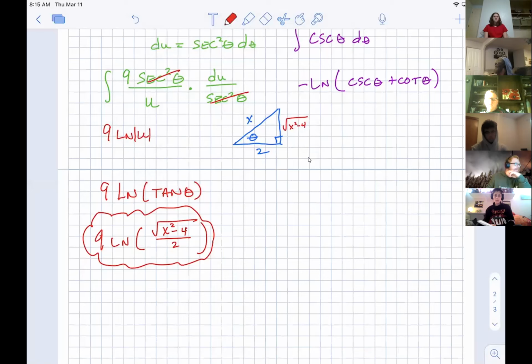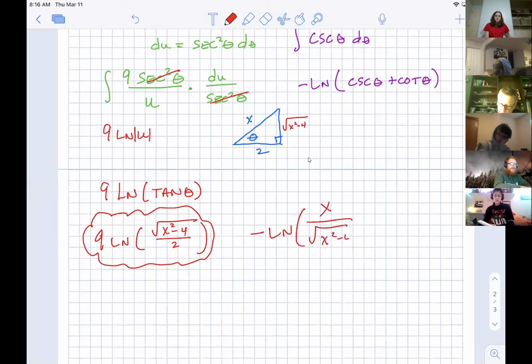I don't know what cosecant is in terms of what two sides, but I know that cosecant is the reciprocal or the flip of sine, and sine is opposite over hypotenuse. So cosecant would be hypotenuse over opposite then. So that's x over square root of x squared minus 4. And cotangent is the opposite of tangent. So instead of being square root over 2, it's 2 over square root.